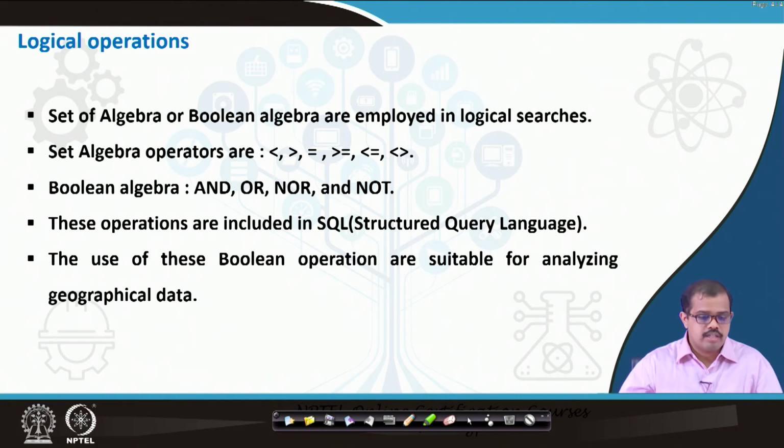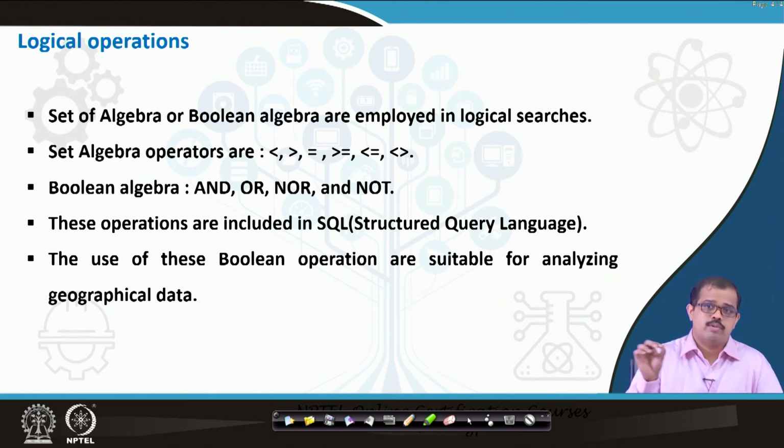When we are looking at logical operations, set algebra or Boolean algebra is employed in these logical searches. Set operations such as greater than, equal to, less than or equal to are normally used. For example, I gave you an example of the like operator in my previous lecture, where multiple statements are used.